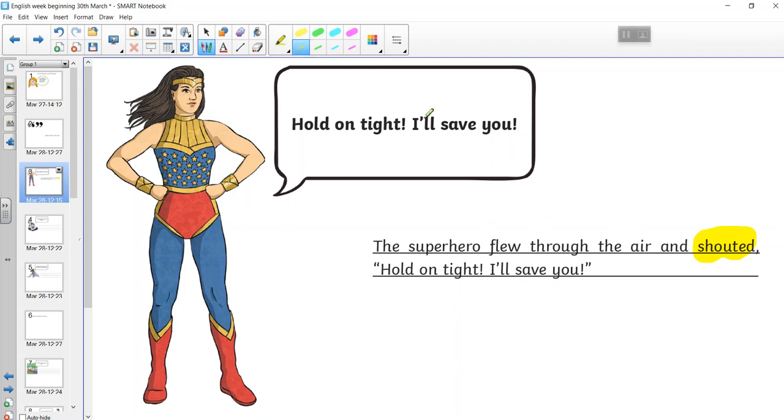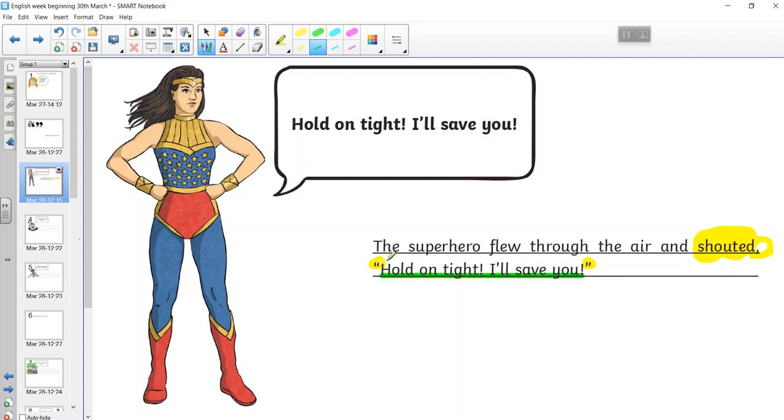You'll notice that after that verb, there is a comma, followed by the inverted comma to open the speech itself, and the inverted comma to close the speech. You'll notice also that within the speech, the sentence punctuation is accurate.